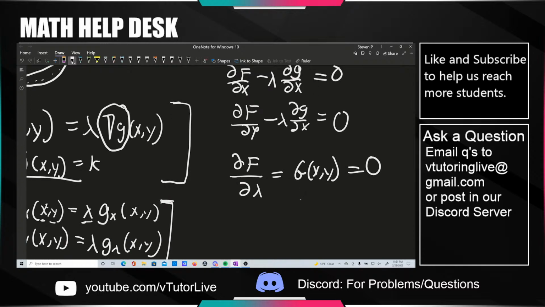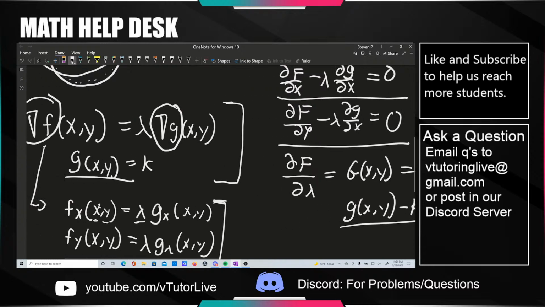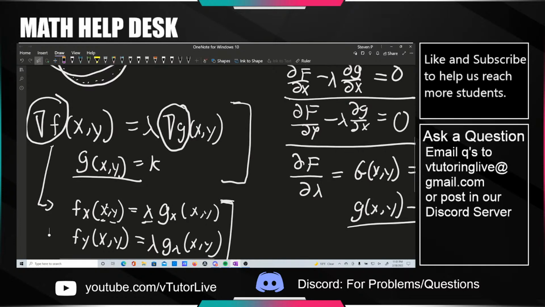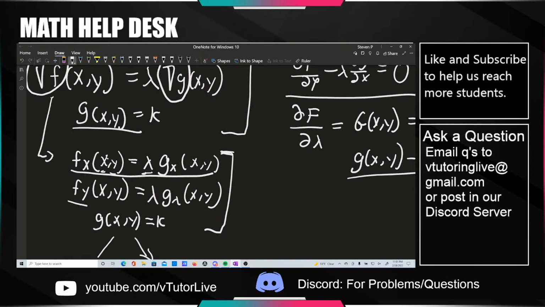And what was G of x, y? That's basically just lowercase g of x, y minus k equal to 0. You can see that this is equation 1, equation 2, and equation 3, and that's exactly the same as equation 1, equation 2, and equation 3 here.